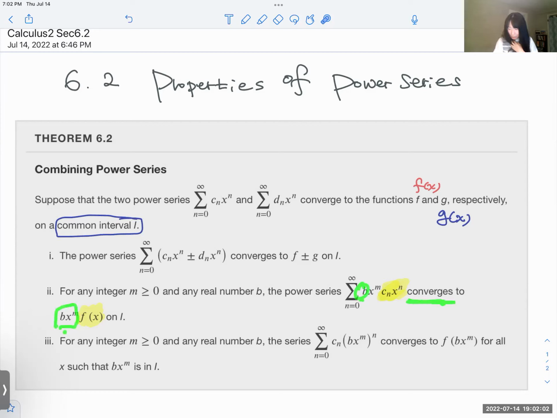Now they have converged to this one because this series converges to the f of x earlier, right? So this one converges to that. This one converges to that. All right. Now this one is a composite function.